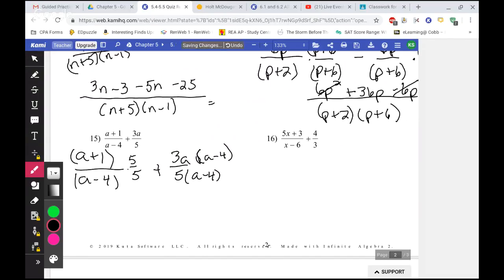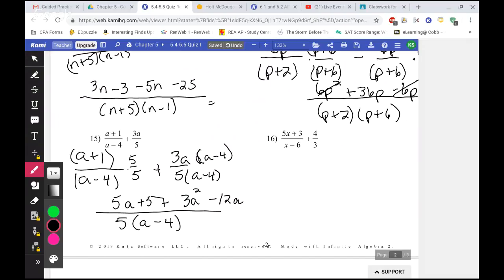So if I distribute that 5 to both the a and the 1, that's going to be 5a plus 5 plus, and then distribute the 3a to the a minus 4. That's going to give me 3a squared minus 12a.